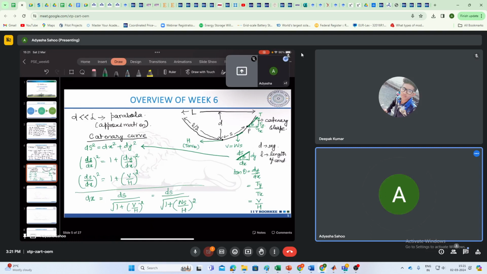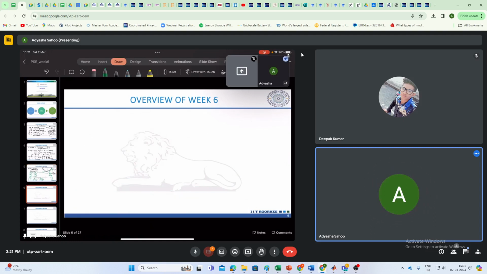Now let us integrate this. So basically your x will be the integration of ds by square root of 1 plus WS by H square.